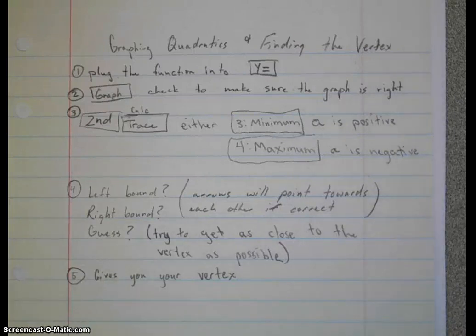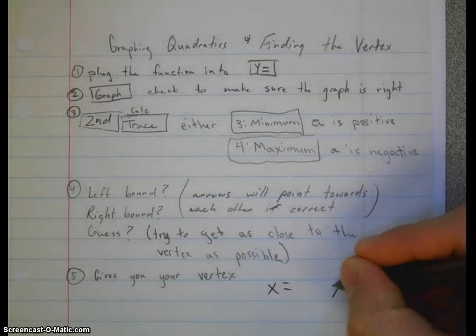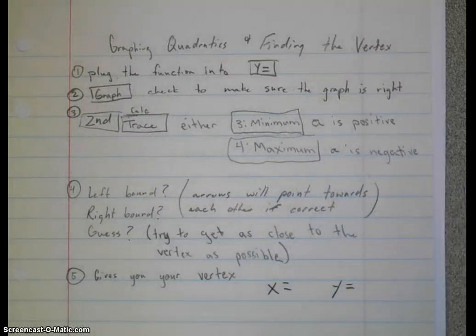Then it will ask for the right bound. We need to move that flasher to the right side of the vertex, and then hit enter. And then it's going to say, guess. You want to get it as close to the vertex as possible, and then hit enter. And then your x equals and your y equals is going to be your vertex.